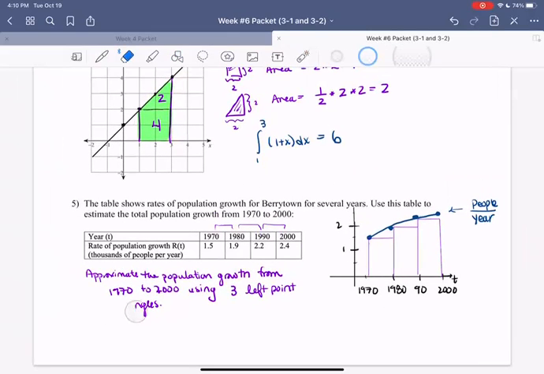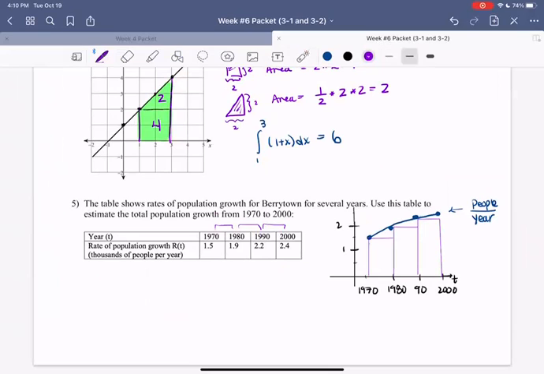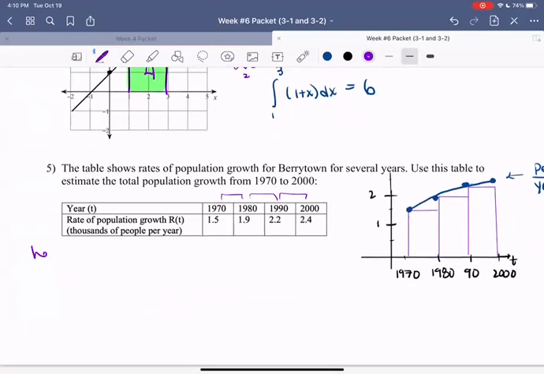I'm going to erase some things just to clean up and give me more room. Left endpoints. What's going to be the width of each rectangle? My years are going from 1970 to 1980, so I have a chunk of 10 for each rectangle.